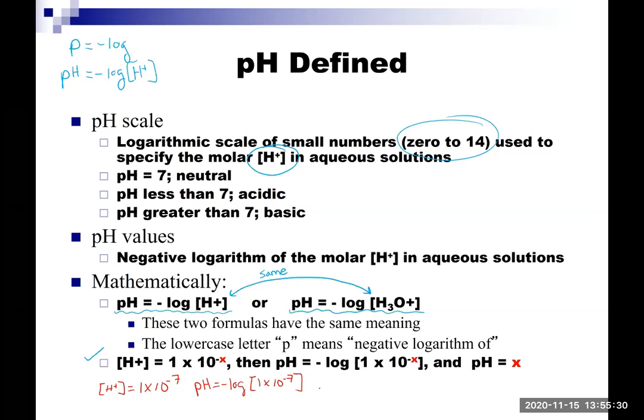And so let's calculate the pH. If we input into our calculator 1EE7 and hit the plus minus key, and then hit the log key, and then we know we have to take the negative of that negative 7. So that means the pH is equal to 7.